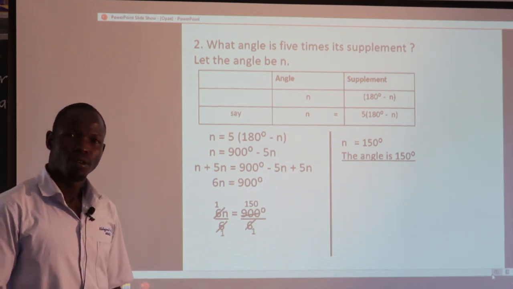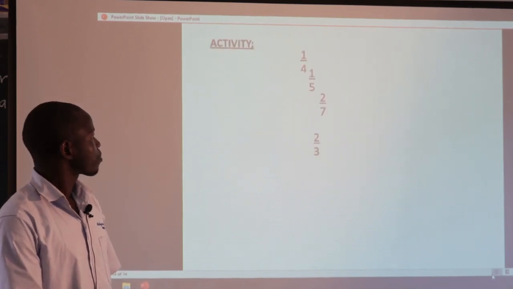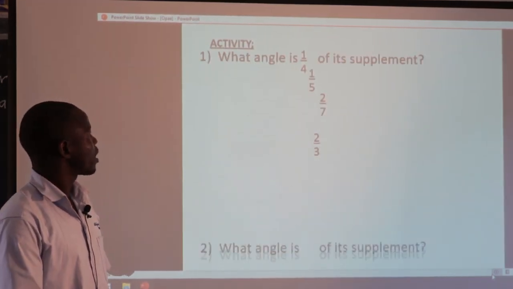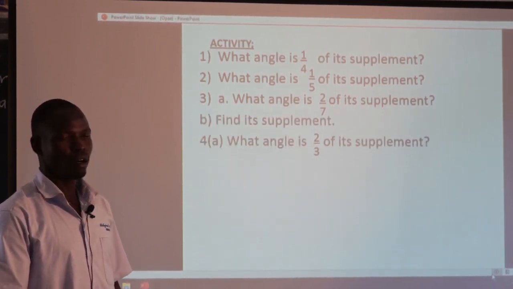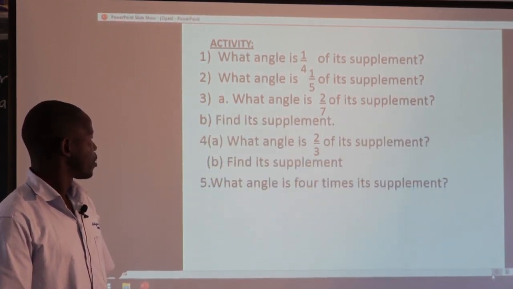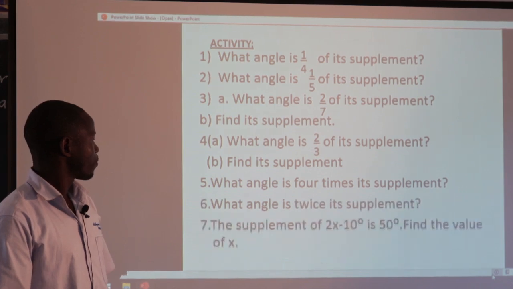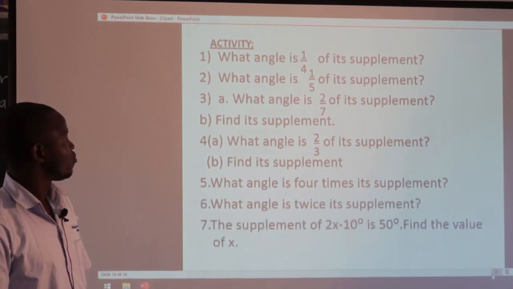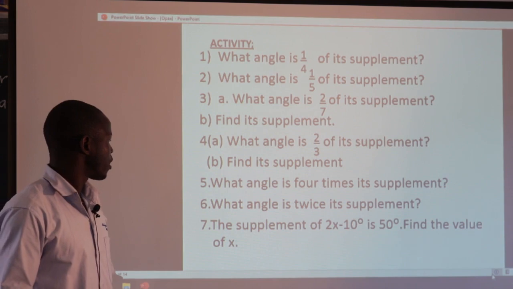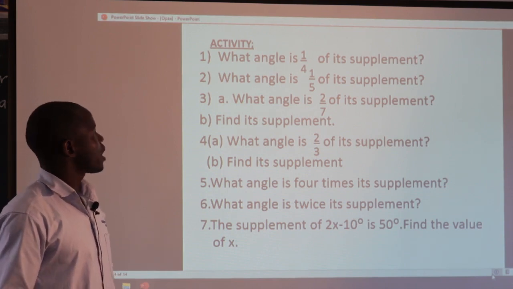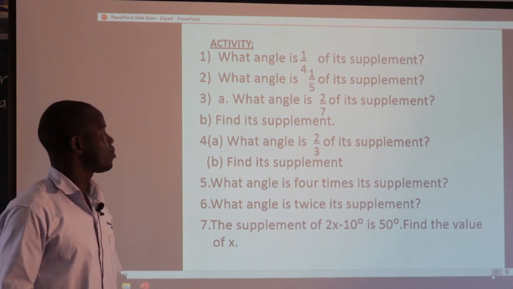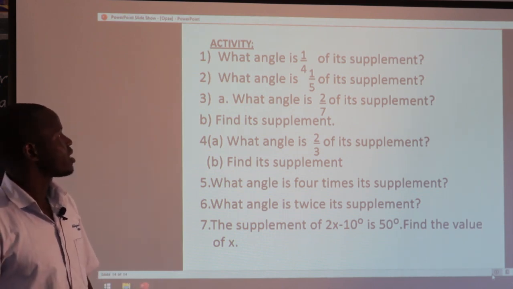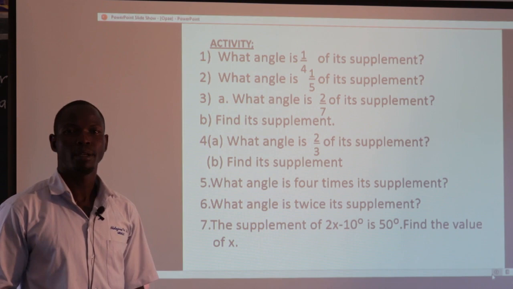I would like to take you to the last activity. Our last activity on this lesson on more about supplementary angles contains 7 questions. Number 1, what angle is a quarter of its supplement? Number 2, what angle is a fifth of its supplement?